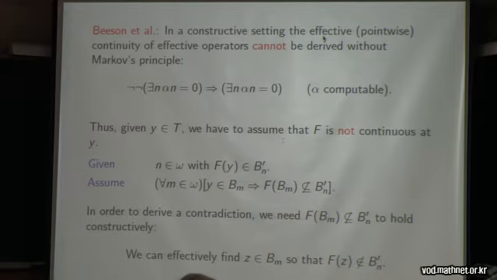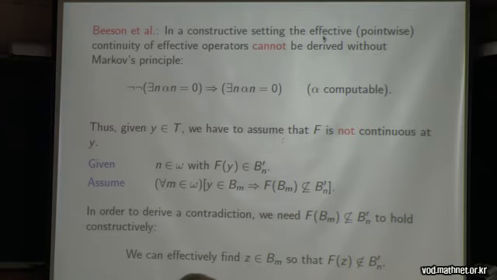Classically, it would hold that f of Bm is included in Bn' if for all z in Bm, f of z is included in Bn'. So the negation is: there exists a z in Bm such that f of z is not included in Bn'.